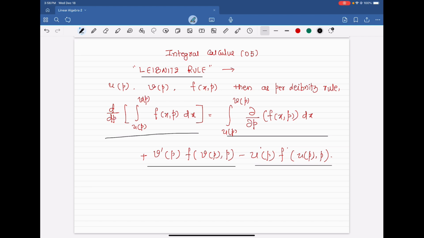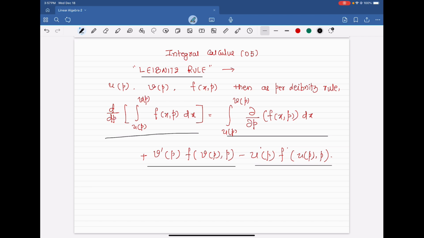Because you are finding the derivative of an integral of some function f(x,p) dx with respect to p. On the left-hand side you have d by dp of the integral from u(p) to v(p).